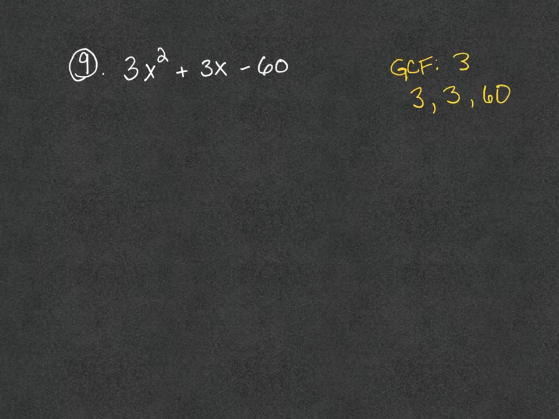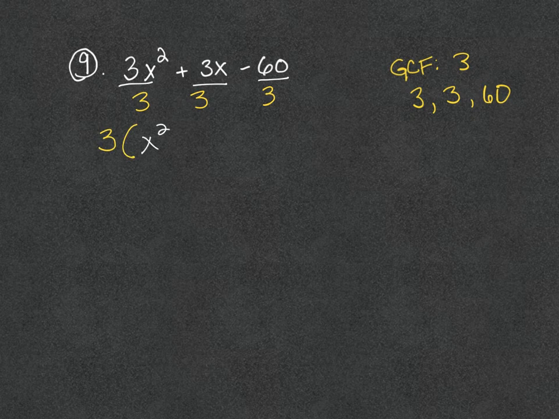And so I'm going to take and divide everything by 3. And that's going to leave me with x squared plus x minus 20.